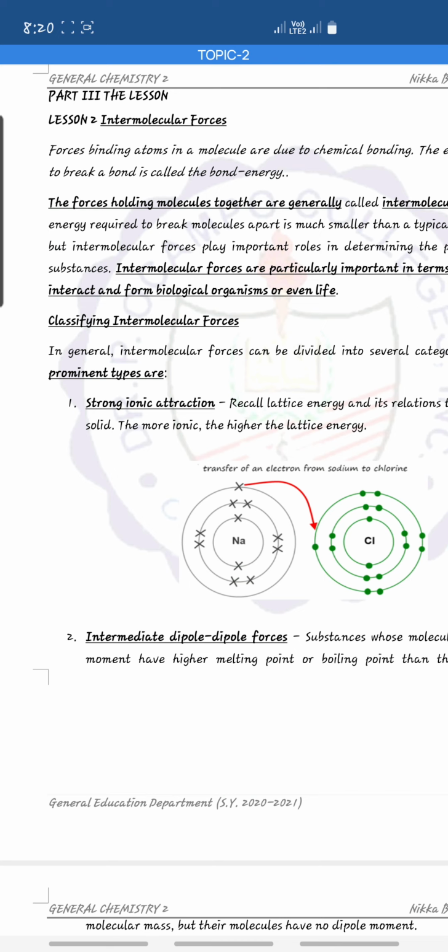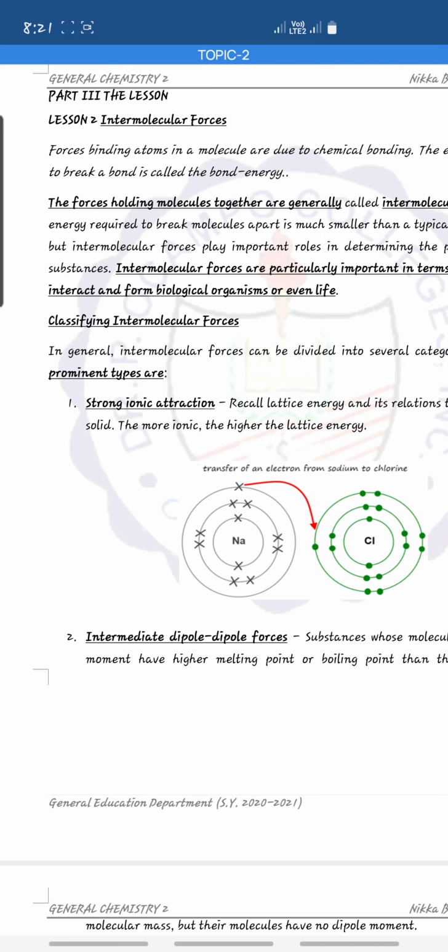Typical bond energy is the force binding atoms in a molecule due to chemical bonding. Intermolecular forces mediate interaction between molecules. It is not only for binding each atom of a molecule, but it focuses on the interaction between molecules or substances.